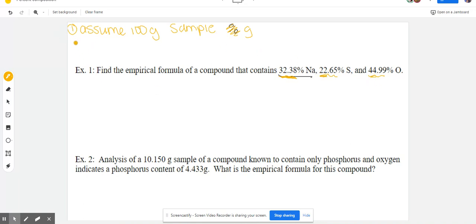Okay, so the next thing that we would do is convert our grams to moles. What we've seen previously in our dimensional analysis practice, when we had grams right here in our little T-chart, we would bring the words down to the right.